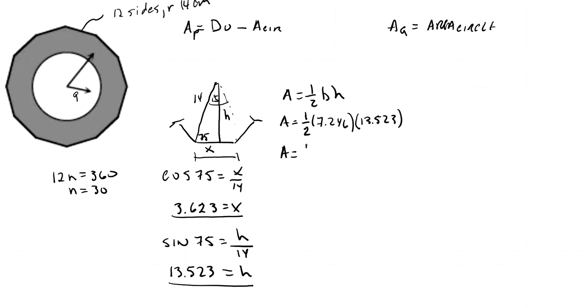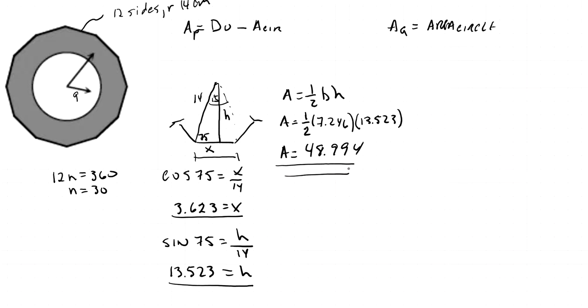Let's just use our calculators. 0.5 times 7.246 times 13.523 equals, alright, so I get 48.994, and that's the area of one triangle.